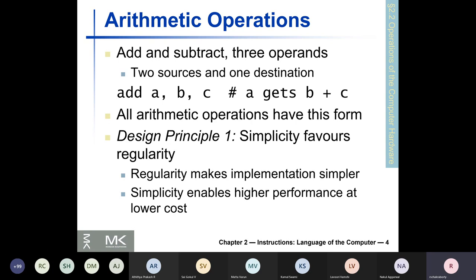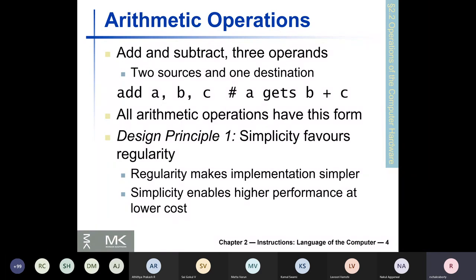Now, all arithmetic operations that MIPS has have this simple form. Okay, it is fixed. And this regularity of having the same format for every arithmetic operation is very, very important. Okay, this makes the hardware implementation simple.